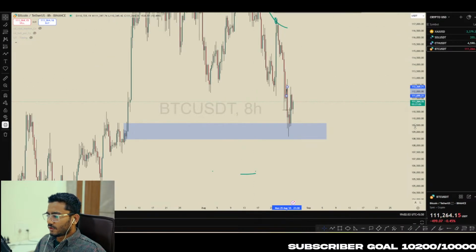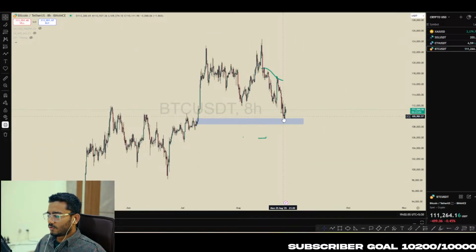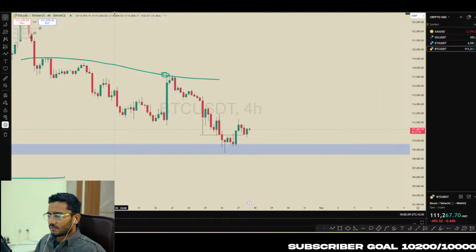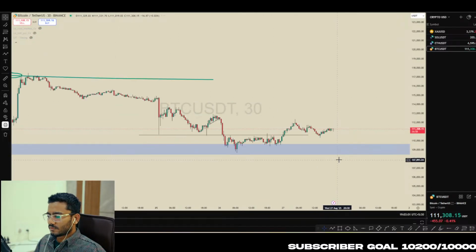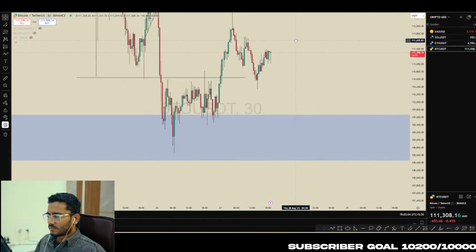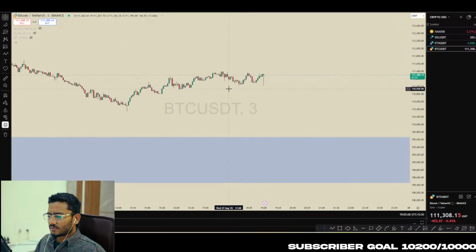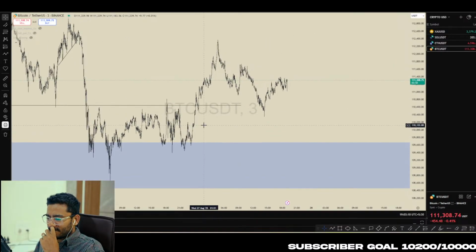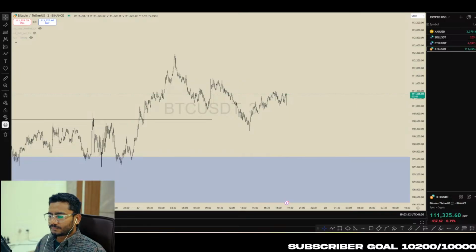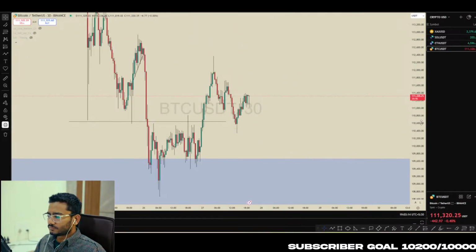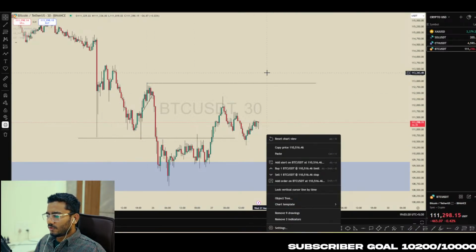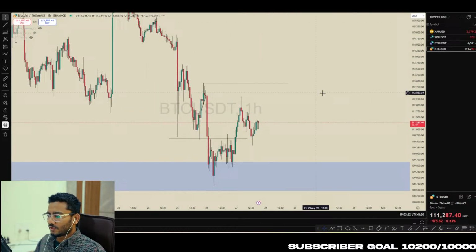So if you look at 4 hour, price has tapped this order block, and we can expect price to reverse from this. This structure should get broken, then only I think price will continue to the upside.